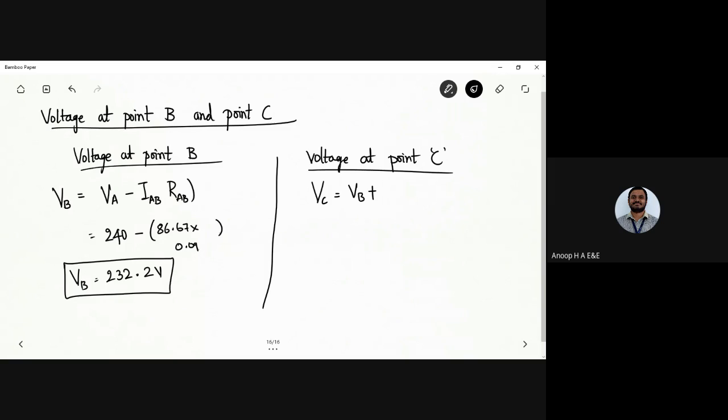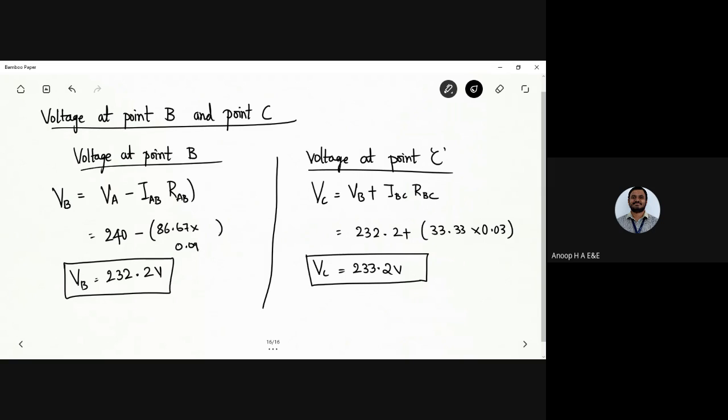It is because of the change in the current direction. So it is plus IBC into RBC. That gives 232.2 plus 33.33 into 0.03, which is 233.2 volts. That is VC.